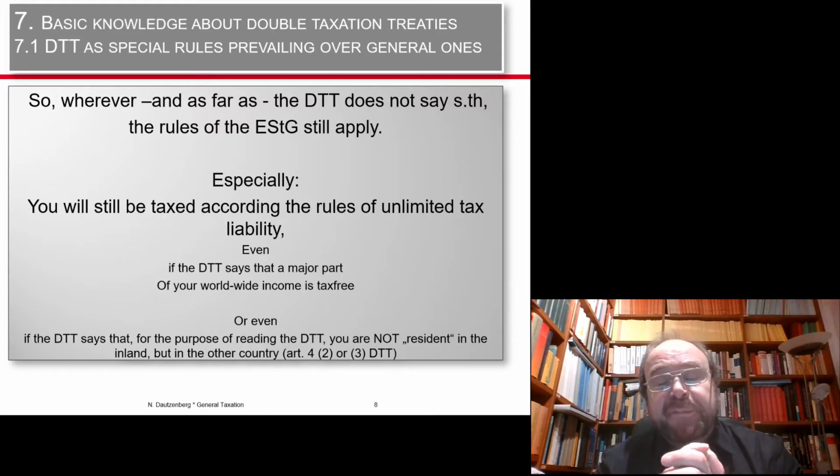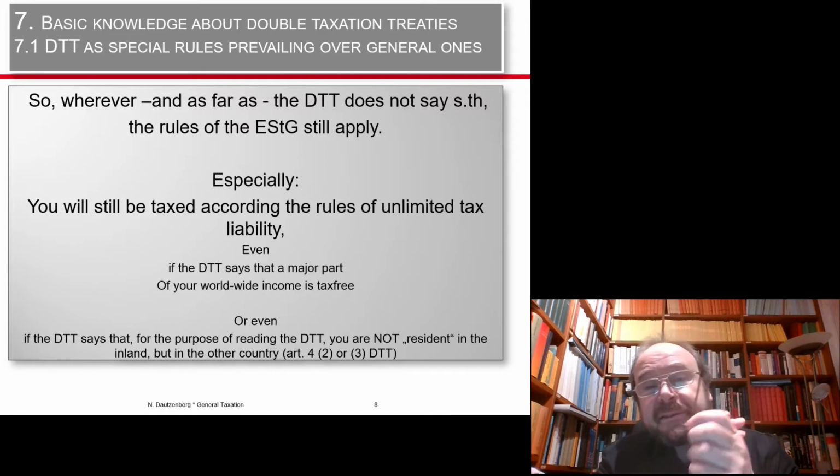And then you look into the Einkommensteuergesetz again and say, now we are going to tax what we can tax under our law. And then you ask the taxpayer, well, are you an unlimited tax liability taxpayer? No, the taxpayer says, the Double Taxation Treaty says I'm resident in France.